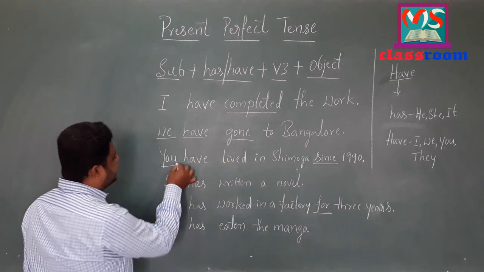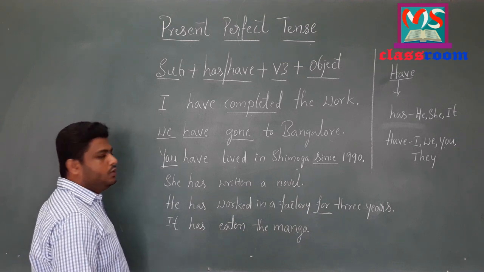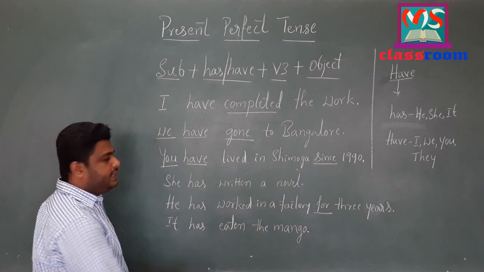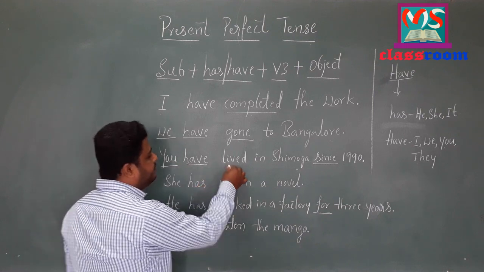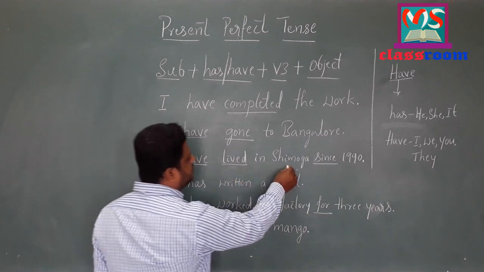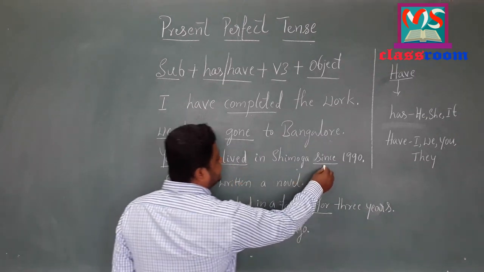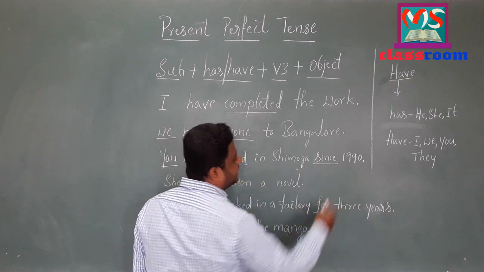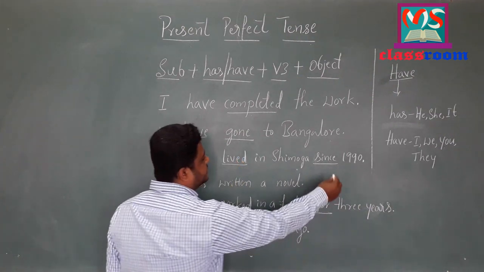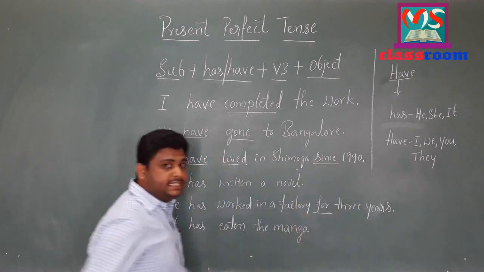You, second person singular as well as plural, accordingly the plural form of the auxiliary, that is have, lived, the past participle form, that is the main verb, in Shimoga is the object, since 1990 the definite point of time. Here 1990 is the definite point of time. So for that reason I have used since.